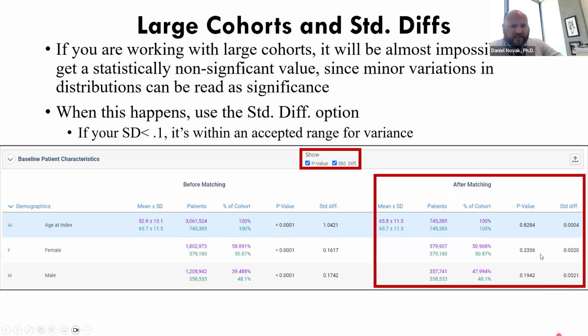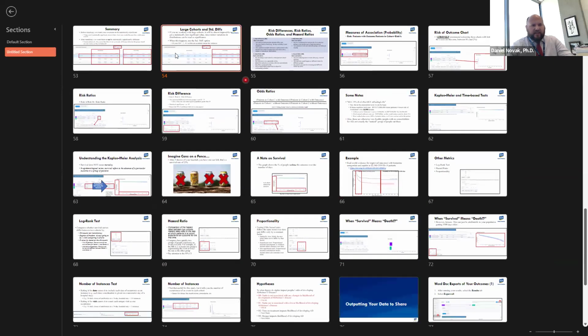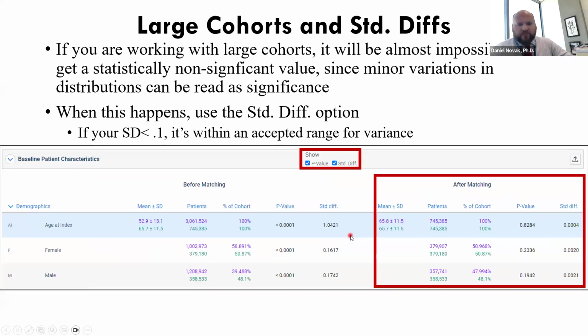So in this case, we were able to achieve that, but one way that you can know when this happens is to use the standard diff value. If standard diff is less than 0.1 for a group, that means it's sufficiently randomized. That means that there's no significant difference between them.